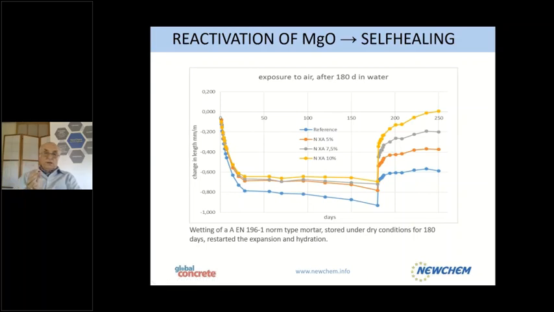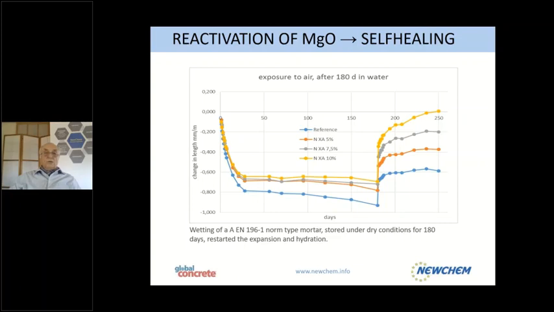So now here we have exposed some prisms to the shrinkage and then to the dry air. And you can see the blue curve is the standard reference of a normal prism. And you can see that in the beginning of the reaction, you have a sort of expansion which lasts for about, let us say, 10 to 20 days.